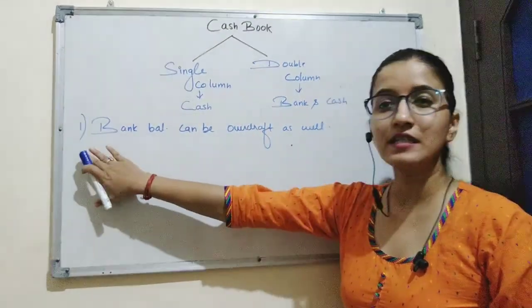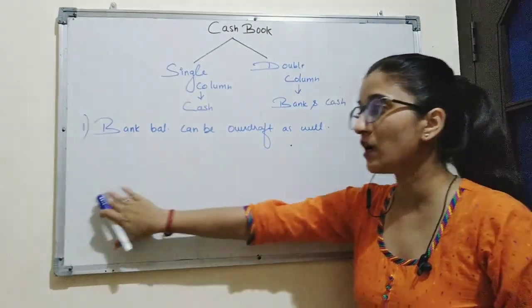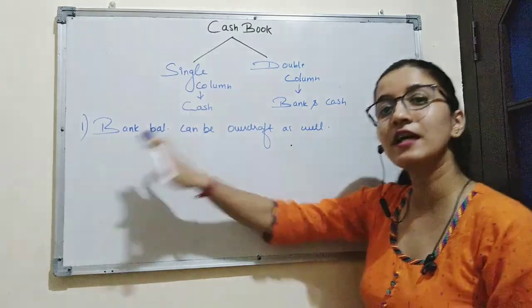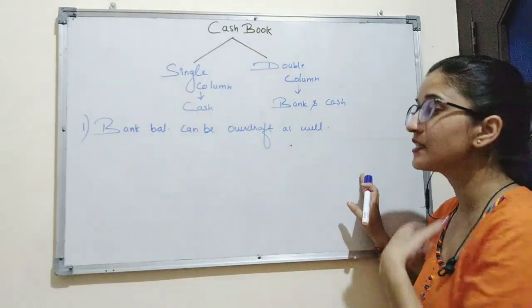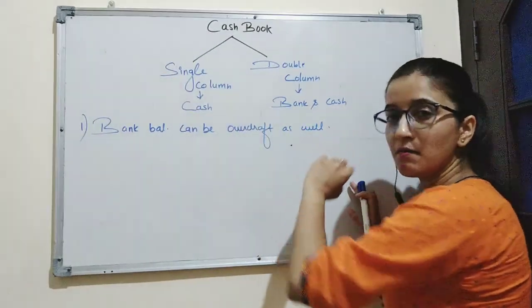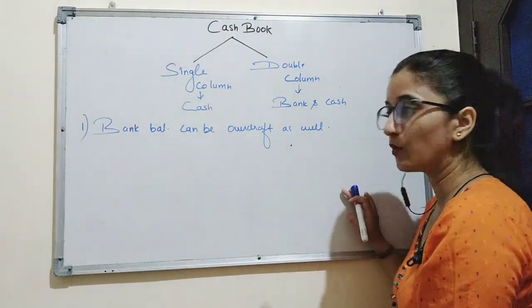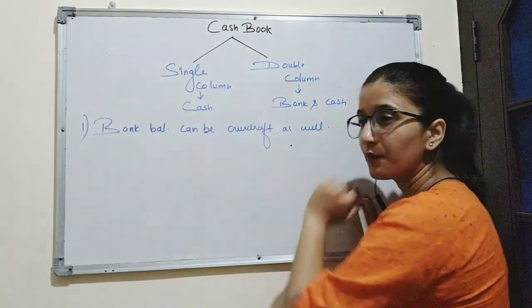Why? Because on the debit side we record all the amounts which have been received. Debit side is considered the receipt side and credit side is considered the payment side. So that is the amount which the businessman has at the beginning of the period of maintaining the cash book.